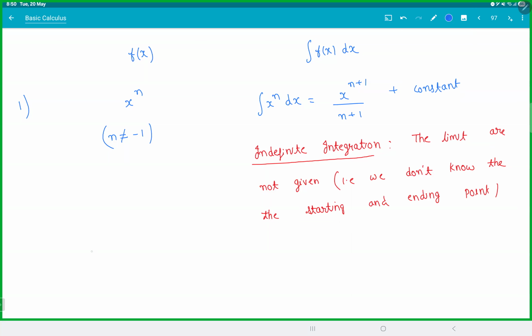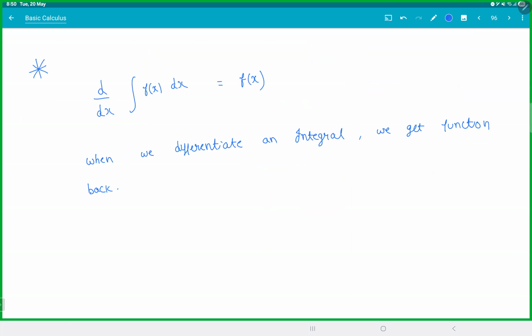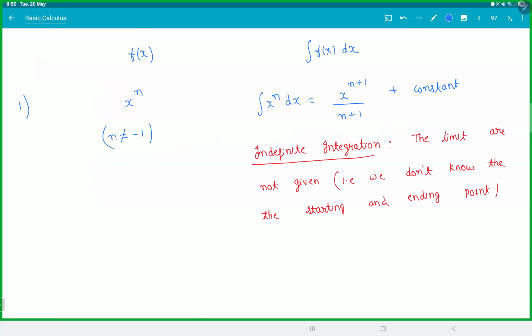Now listen to this. Remember, just now I told you, if you differentiate an integral, you'll get the function back. If you differentiate x power n plus 1 by n plus 1 plus constant, you're differentiating the whole thing.